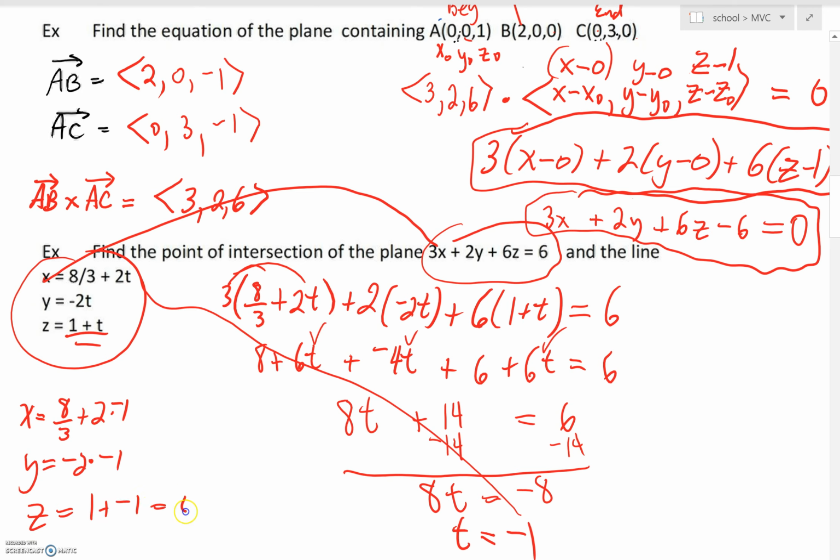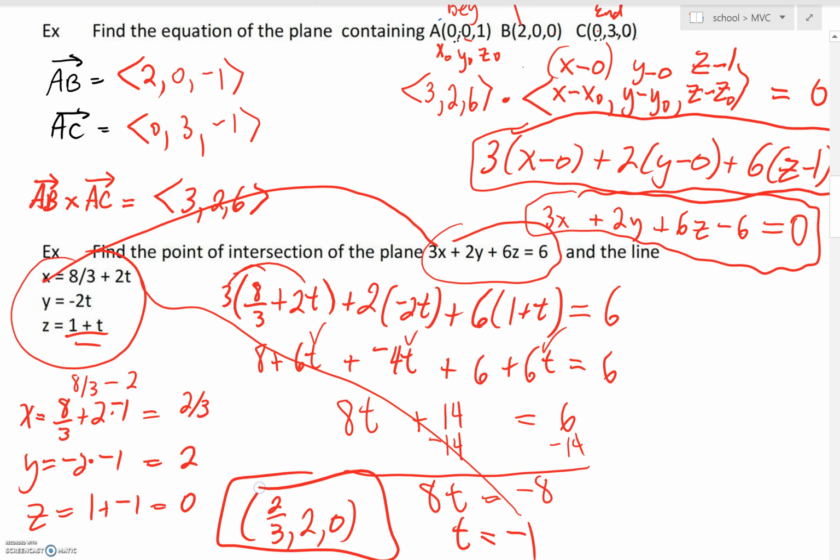Well, our z value, I hope you can see, is 0. Our y value is going to be a 2. And 8/3 minus 2, well, that's 8/3 minus 6/3. That's going to be 2/3. So the point of intersection, or x comma y comma z, will be right here.